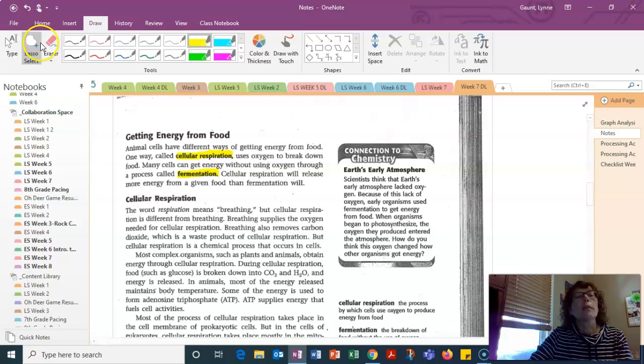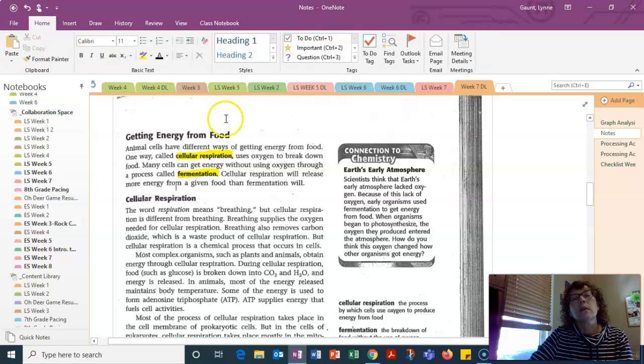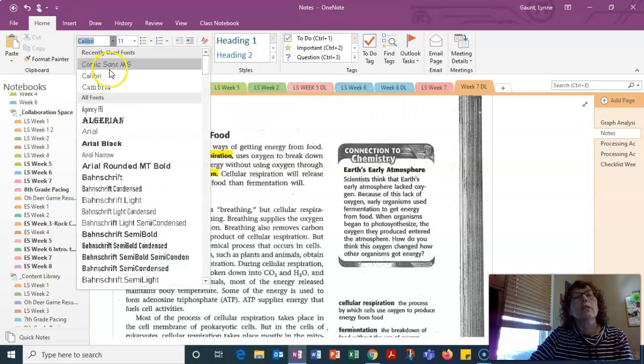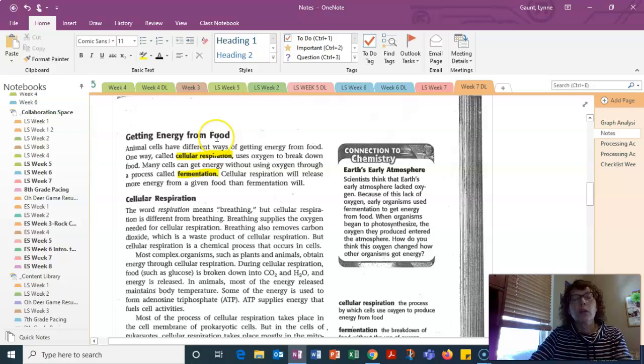So up at the top, I'm going to come here and choose type. I'm going to go home so I can change to Comic Sans just so it looks different than the type. I'm going to write 2 ways to turn food into energy.